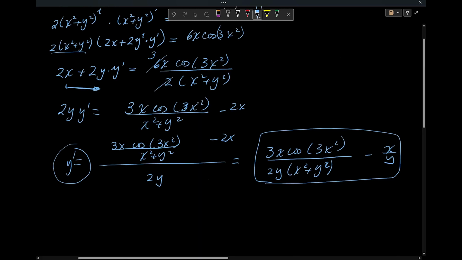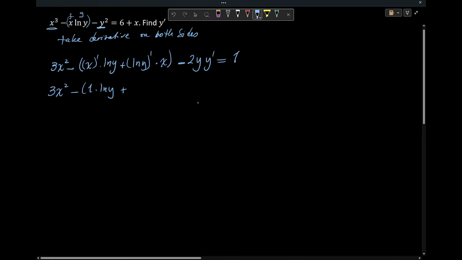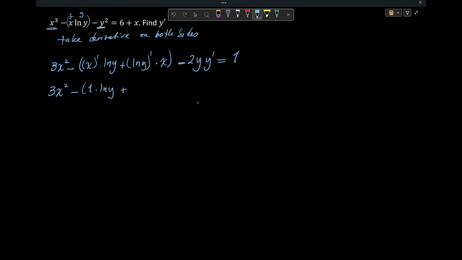Okay? So it's very straightforward. Again, just because it's y, you should not panic. It's like, oh, what do I do? It's just y is a function of x, so it's derivative over itself. Minus 2y prime equals 1.